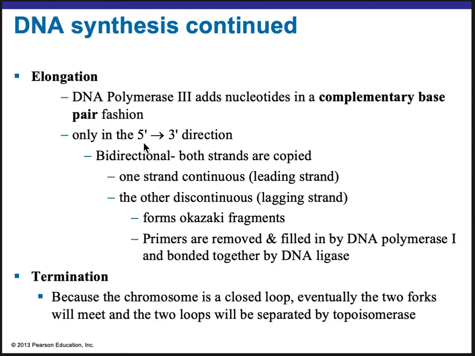And as we mentioned, the polymerase will go in the 5' to 3' direction on both strands, but because both strands are anti-parallel, this leads to the formation of one continuous strand and the other discontinuous.